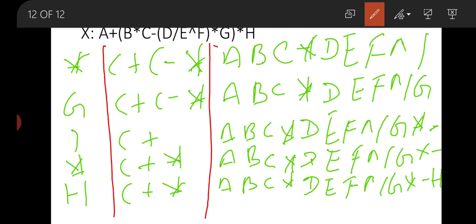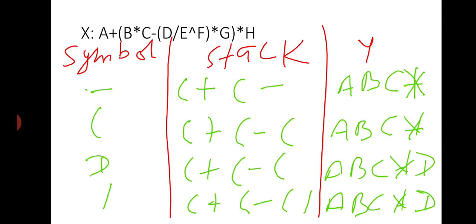Now and finally, this is the last symbol of our expression. Then now we have to follow the first step of the algorithm. And what is the first step of our algorithm?